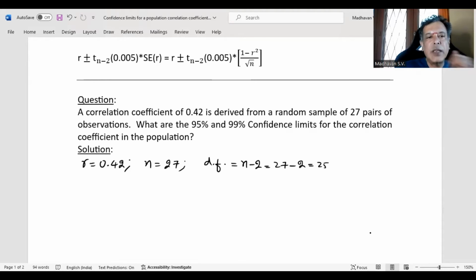Now, we are supposed to determine 95% confidence limits. 95% confidence limits are R plus or minus the t table value for n minus 2 degrees of freedom. Since this is 95%, we will consider 2.5% level of significance for a one-tailed test, which means 0.025, multiplied by the standard error of the sample correlation coefficient.